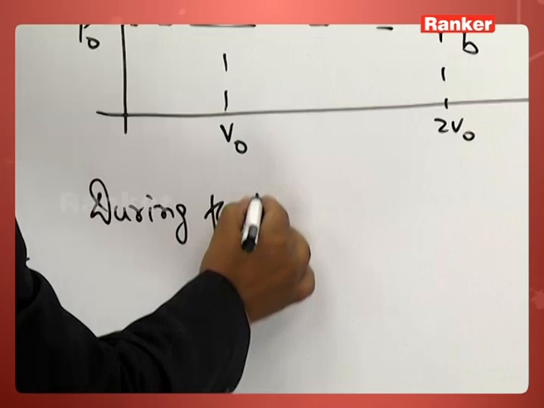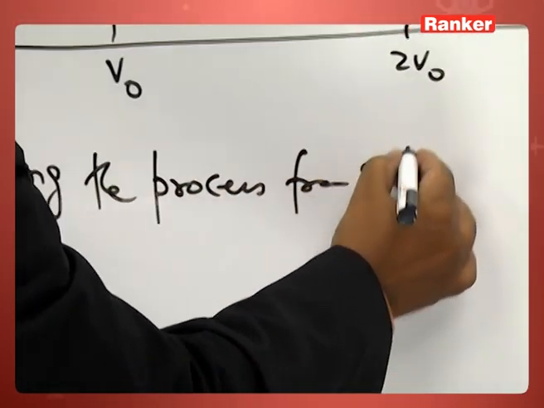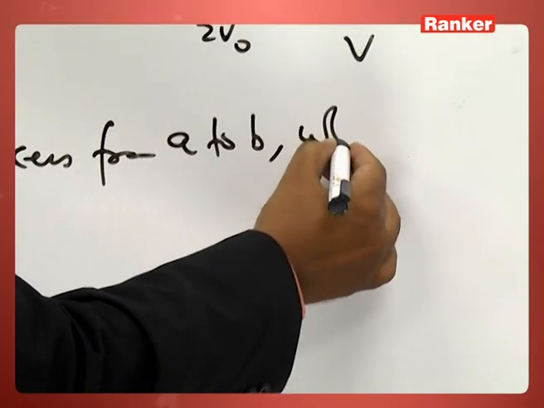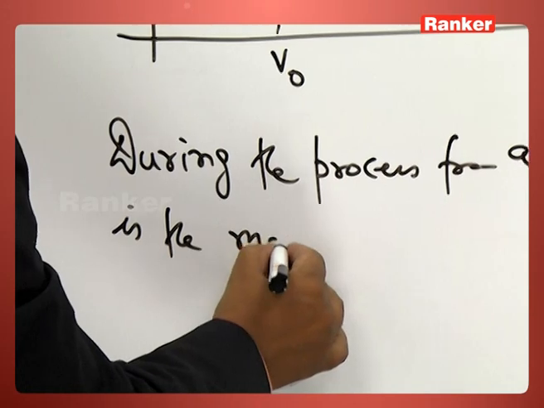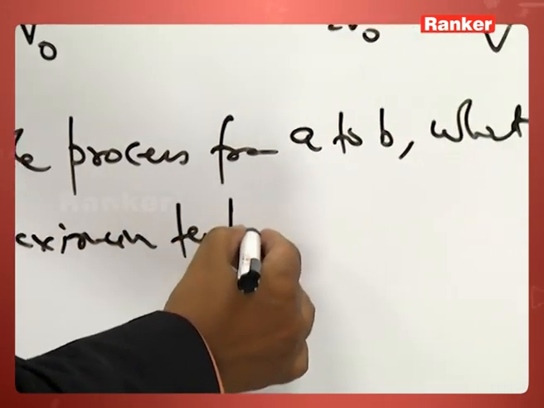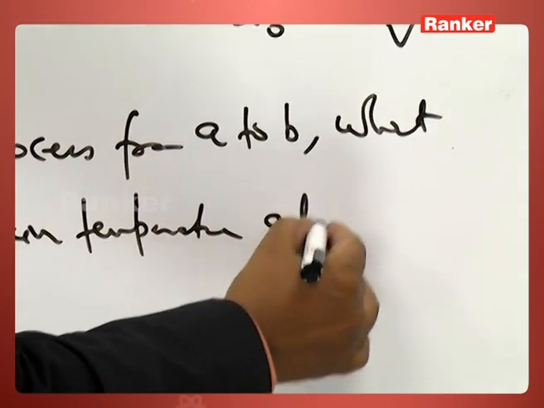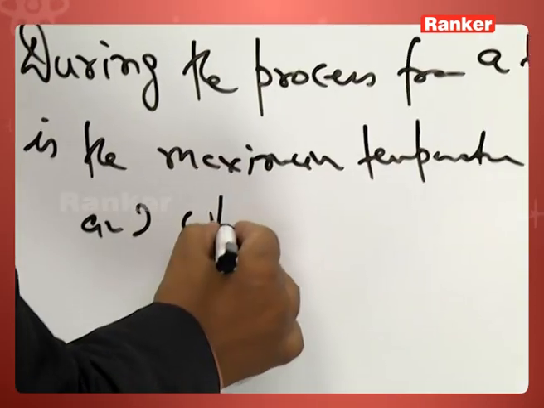During the process from A to B, what is the maximum temperature attained, and where?